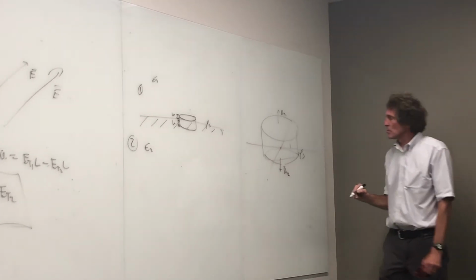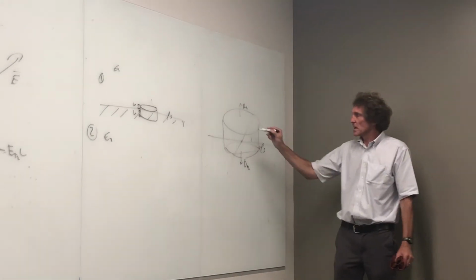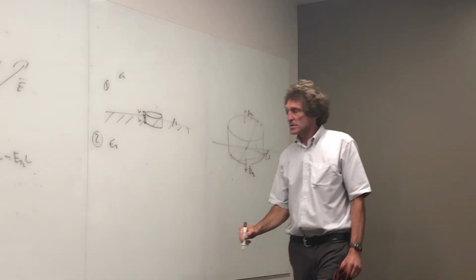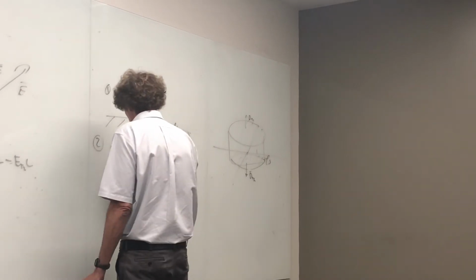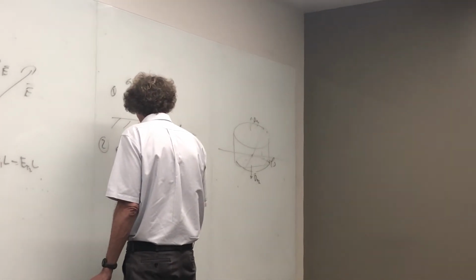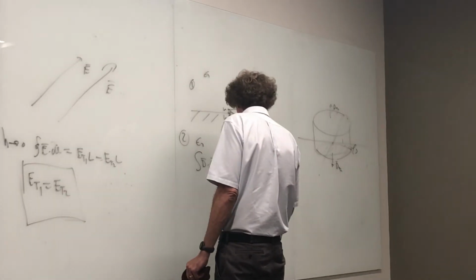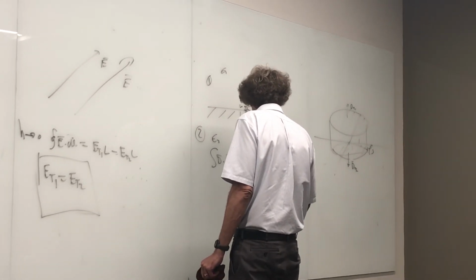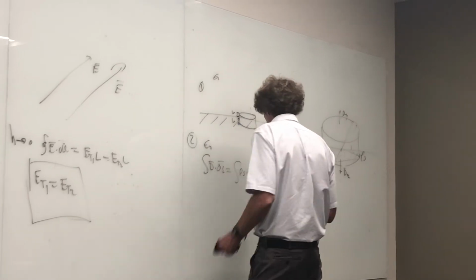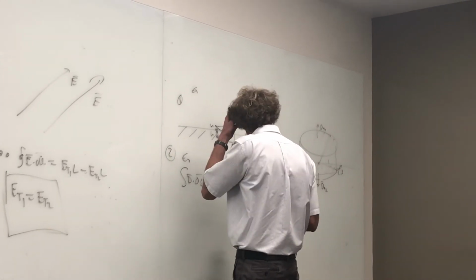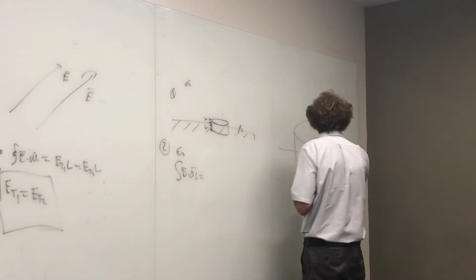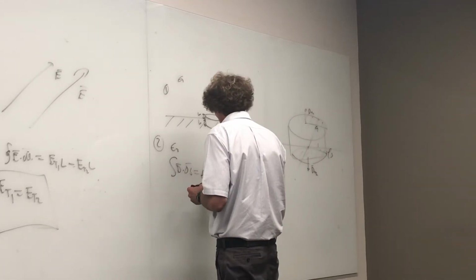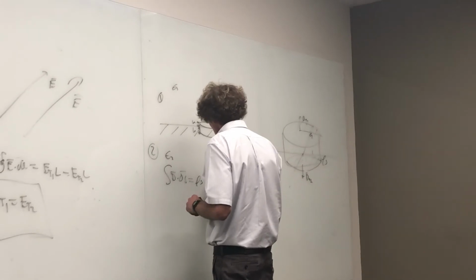The reason I'm showing only the normal is because I'm going to use Gauss's law here, and I'm going to say that the integral of D dot ds is equal to the charge enclosed, which is the integral of rho s ds over the surface. And really that's just going to be, if this is a radius a, then the amount of charge in there would be rho s times a.